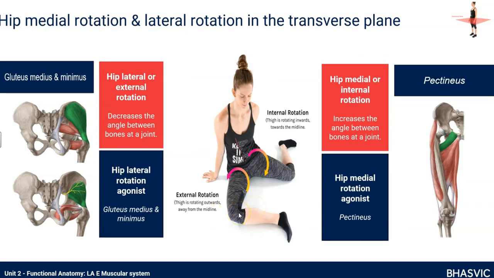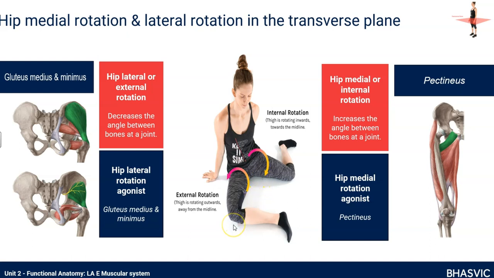Now, a bit like your shoulder, your hip, or specifically your femur, can also rotate. Your femur rotates longitudinally in the hip socket, in the pelvic socket. So this person, to get into this position, has externally or laterally rotated this leg, but has internally or medially rotated this leg.